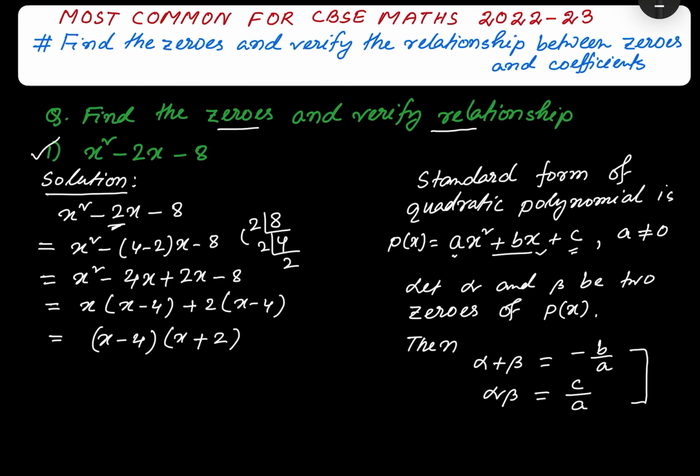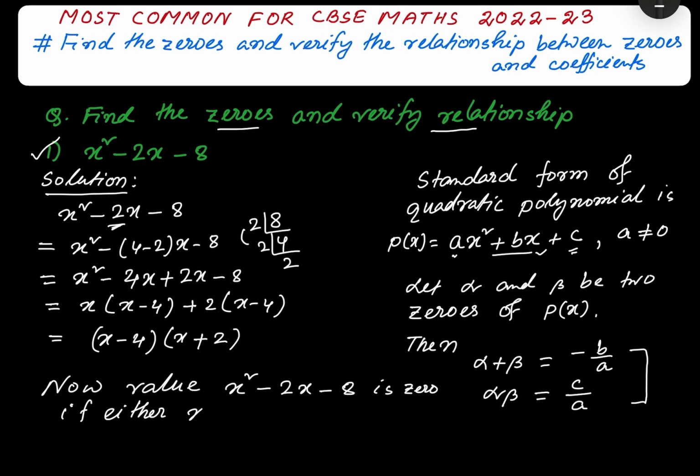Now the value of x square minus 2x minus 8 is 0 if either x minus 4 equals 0 or x plus 2 equals 0.